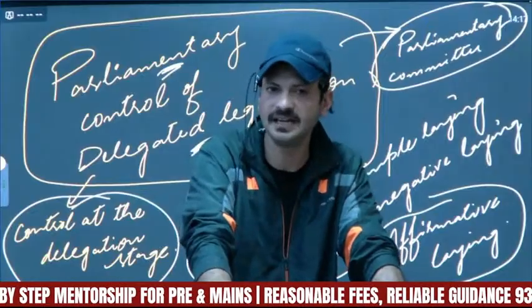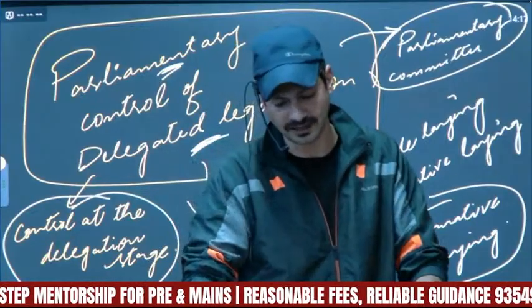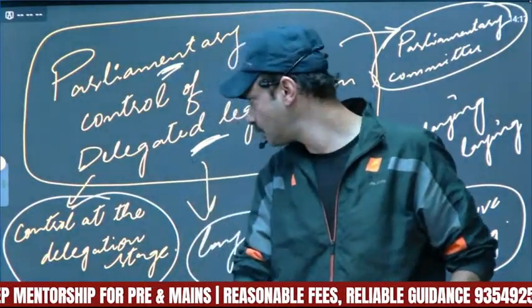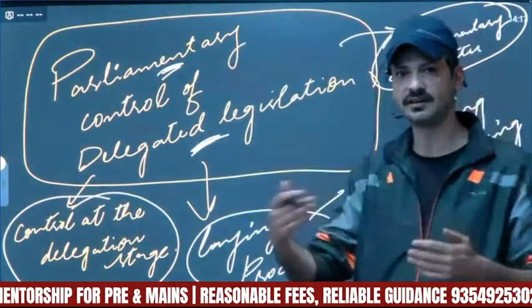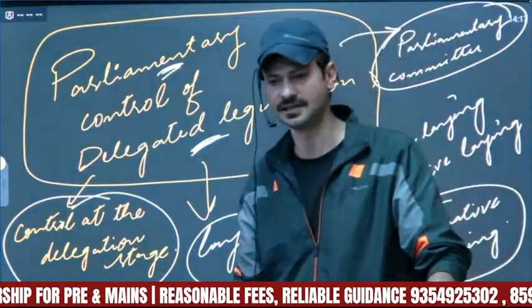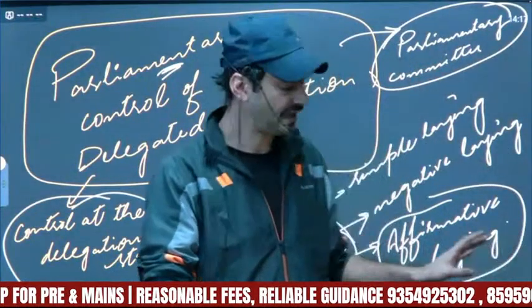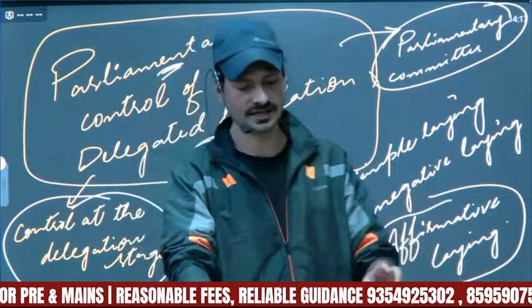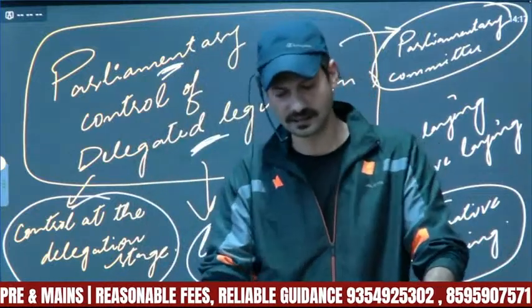So we have a committee called the Committee on Subordinate Legislation. I told you delegated legislation, we discussed it in our last lecture, how delegated legislation is also called subordinate legislation. So we have a Committee on Subordinate Legislation, and that does this work.